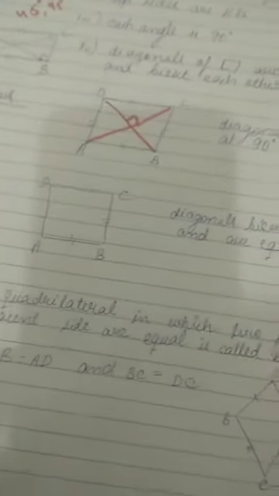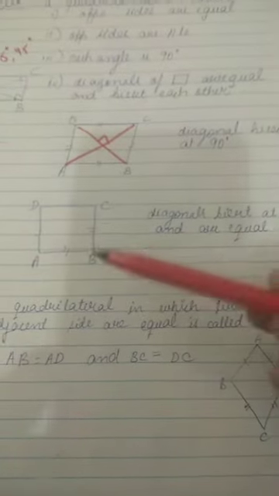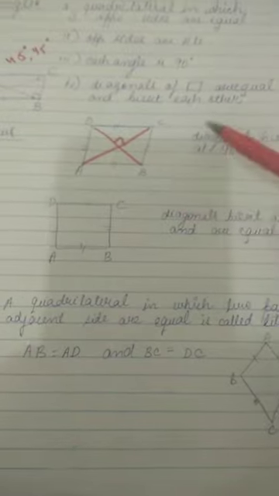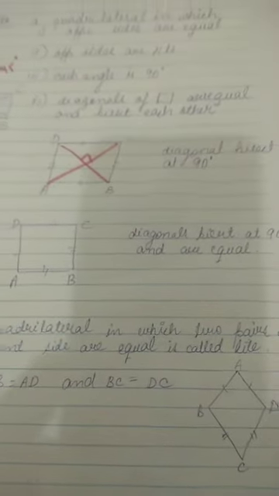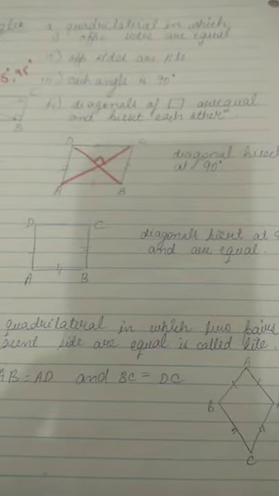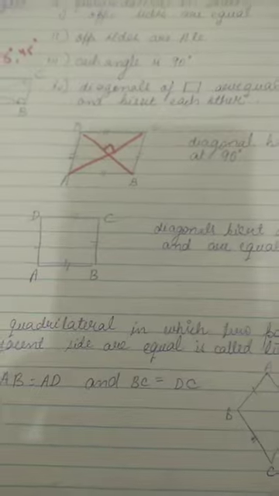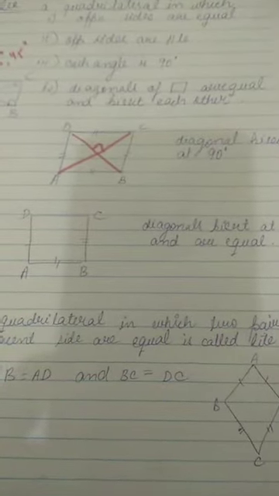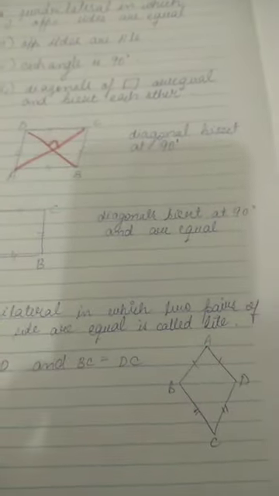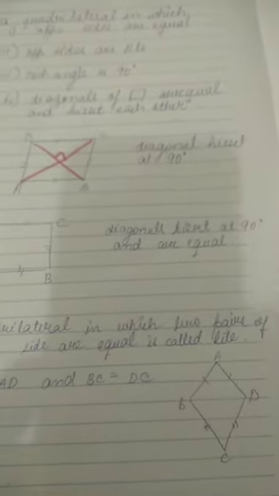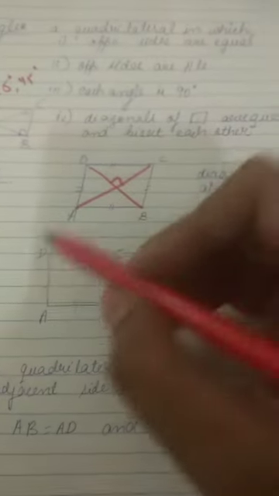The next quadrilateral is the square. Now again, a square has all the properties of a rhombus, and a rhombus has all the properties of a square. It is also a quadrilateral. In this square all the sides are equal, opposite sides are parallel, diagonals are equal, and diagonals bisect at 90 degrees.